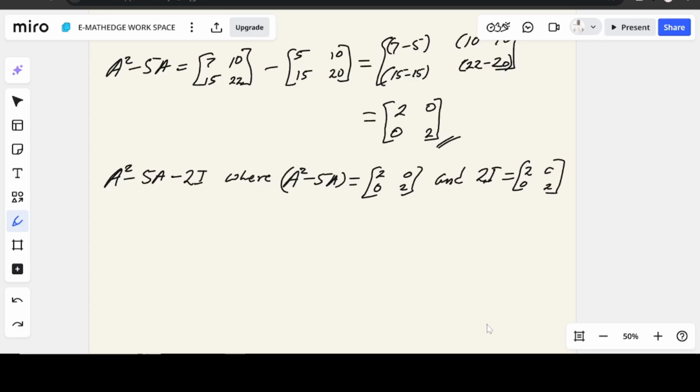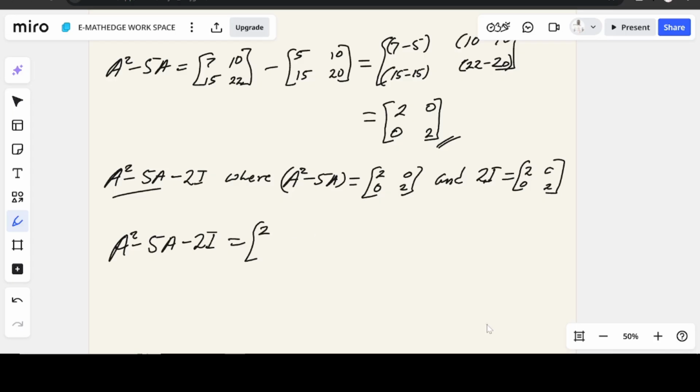So now to substitute these matrices into this expression, we are going to have A square minus 5A minus 2I to be equal to A square minus 5A is this, right? So let's substitute it.